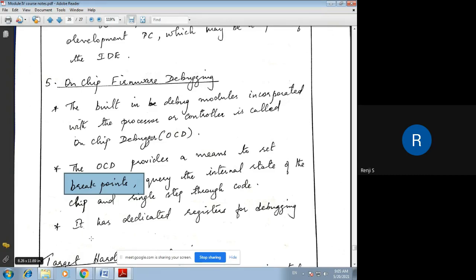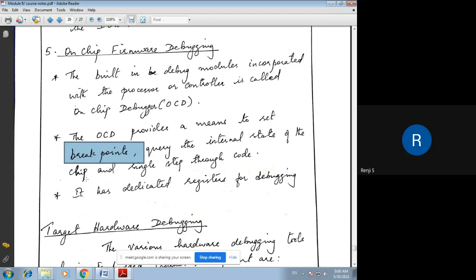By examining these values, we can find out if there are errors in the program. So to find these errors, we need to set up breakpoints, and it is the debugging tool that helps us set them up and examine the values of registers and memory locations. Any debugger that we use helps us to check the internal state of the processor, like the flag registers or other general purpose registers that we are using in our program.